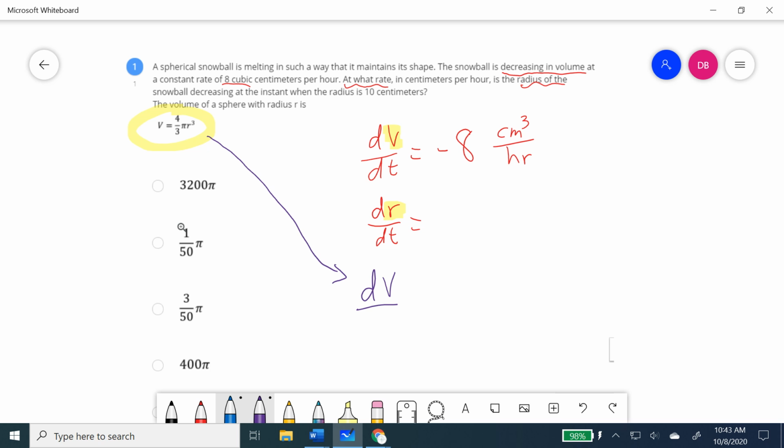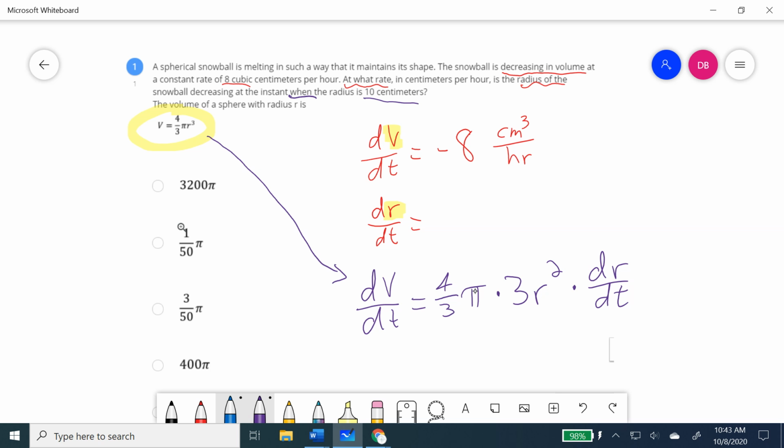So dV/dt equals constant multiple 4/3 pi times, and then blah cubed, 3 blah squared times the derivative of blah. Double check. Do you have both derivatives for V and r? Then you're ready to start plugging in the given information and the when information.